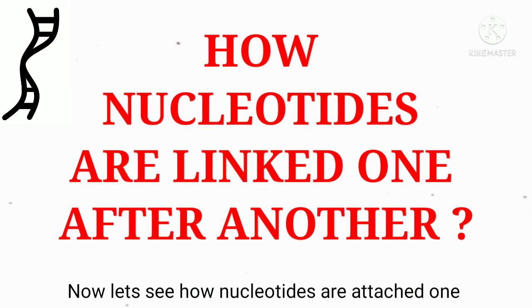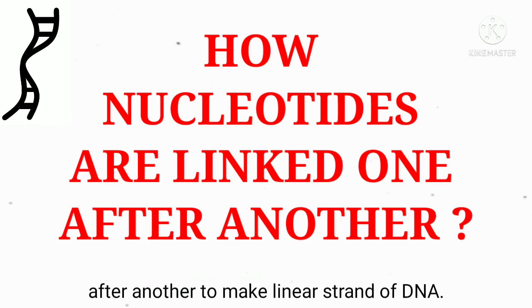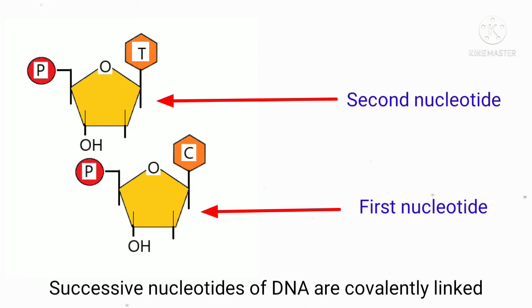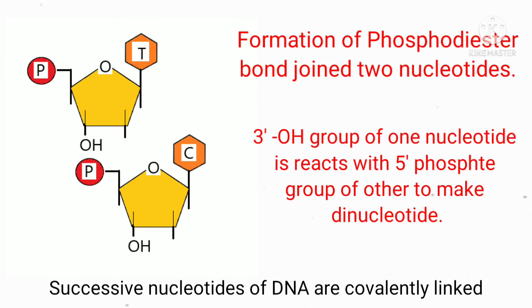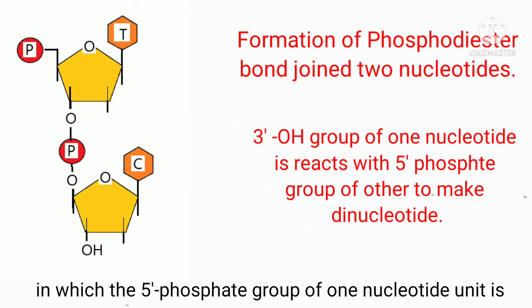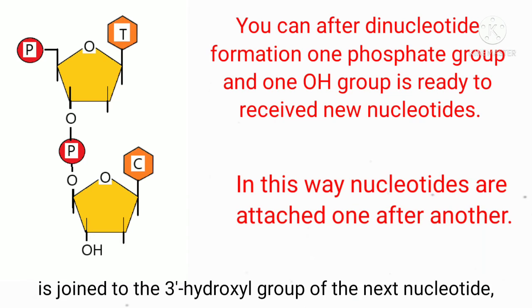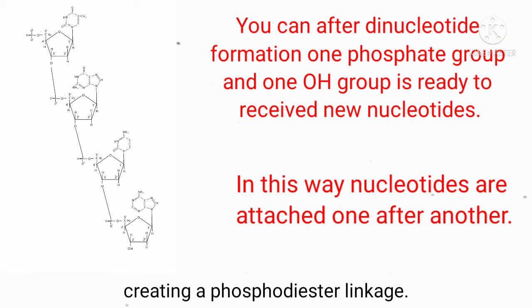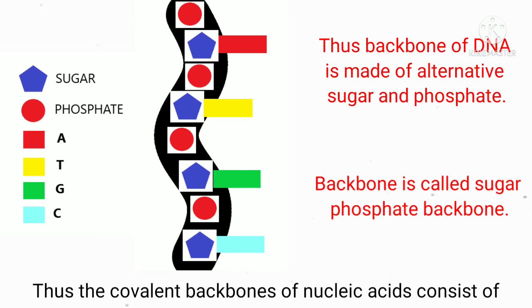Now let's see how nucleotides are attached one after another to make a linear strand of DNA. Successive nucleotides of DNA are covalently linked through phosphate group bridges, in which the 5' phosphate group of one nucleotide unit is joined to the 3' hydroxyl group of the next nucleotide, creating a phosphodiester linkage.